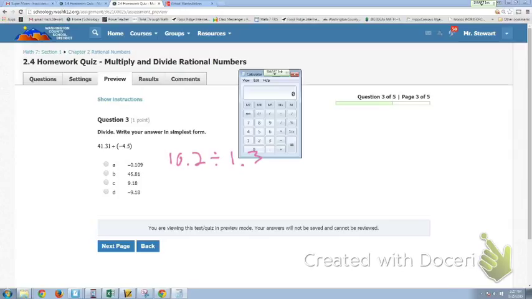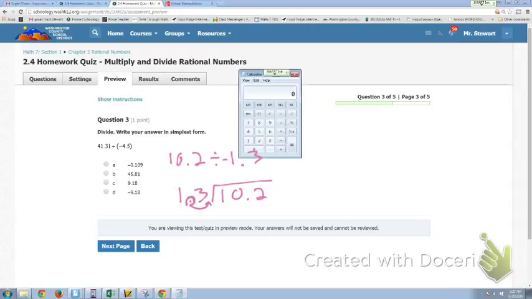I don't know if that's going to work out, but we'll see. And let's say even a negative. So we know that the answer is going to be negative. And when we're setting up long division, this is how it's going to work. All you have to do is move the decimal place on the outside inward one time, or as many times as it takes so that you're now working with a whole number.